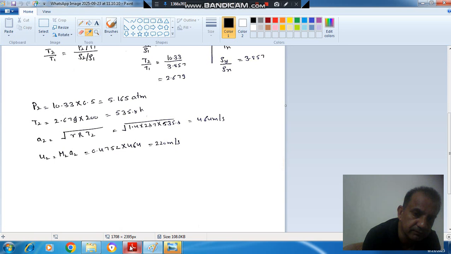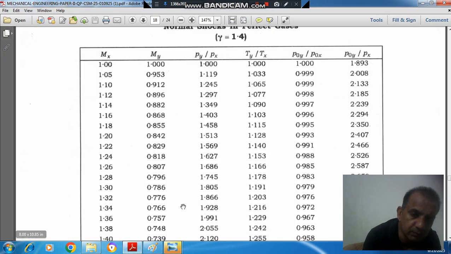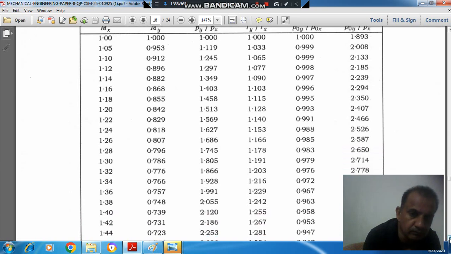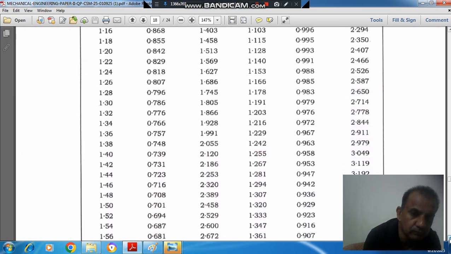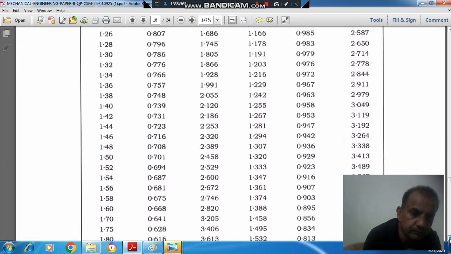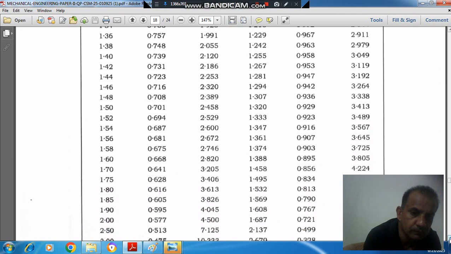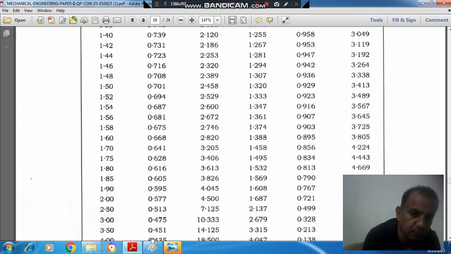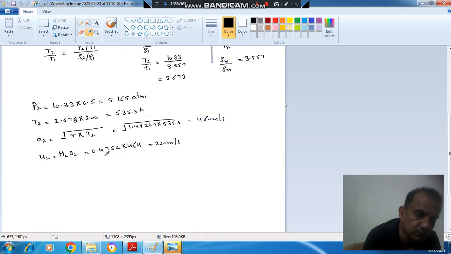And M2 from the shock table can also be seen. So corresponding to Mach number 3, M2 is 0.475. Or we can use the formula also to find out M2, that we have derived, the relationship between upstream and downstream Mach number.